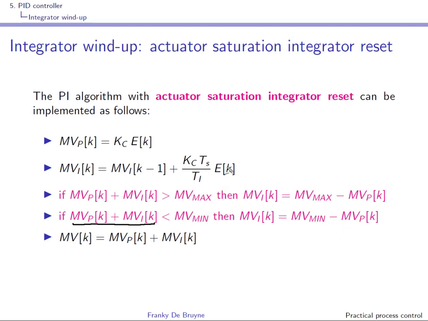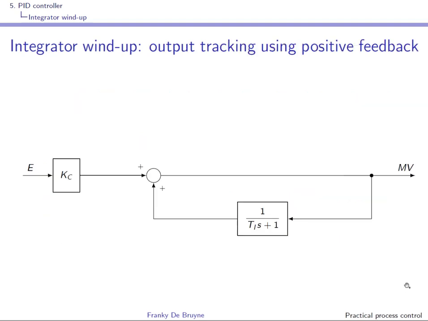So this is the implementation for a PI controller, but as I've shown you in the case of output tracking, you can also implement this, and you should do it, for the case of a PID controller and when there is feed forward.